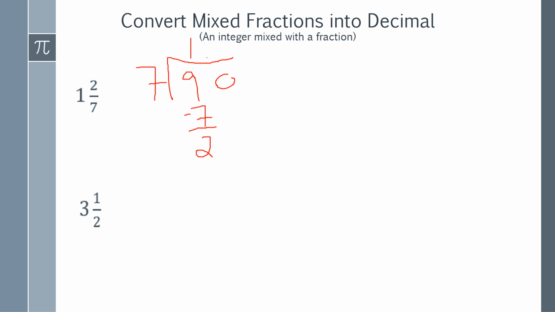So I'm going to put it right there. All right, so we have our decimal point here. We bring that 0 down. 7 can go into 20 2 times, and we know that 2 times 7 is 14. 20 minus 14 is 6.